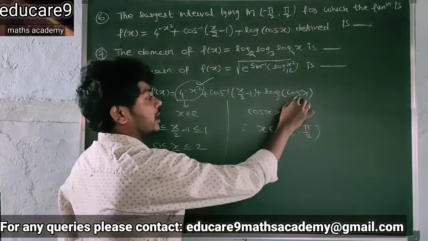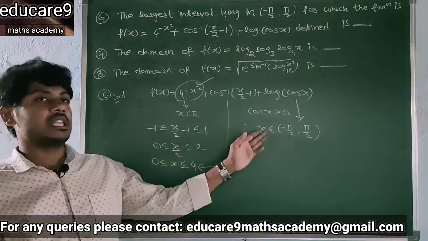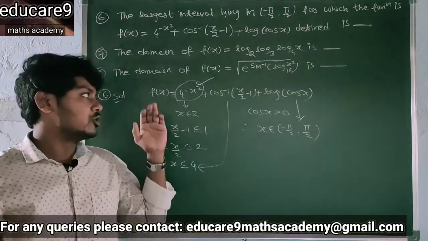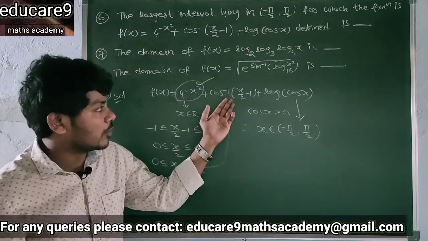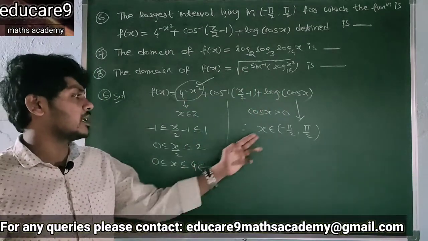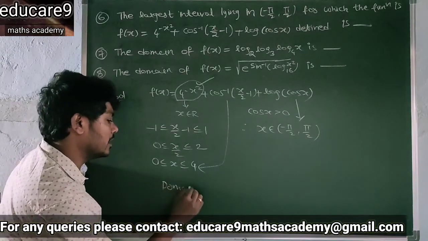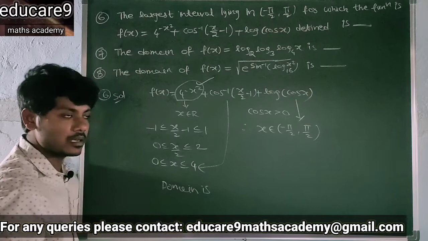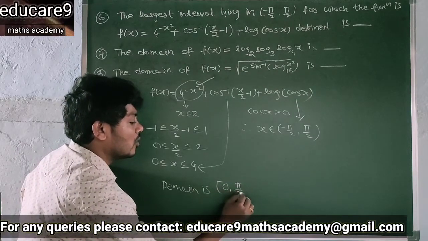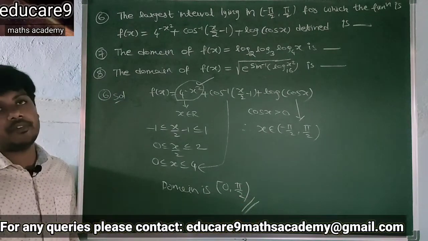This is the domain of this function. Now take the intersection of all these three, because the domain of f plus g plus h is the intersection of the domain of f, the domain of g, and the domain of h. So what is the intersection of these three? Clearly the domain is the interval closed 0 comma open pi by 2. This is the domain of the given function.